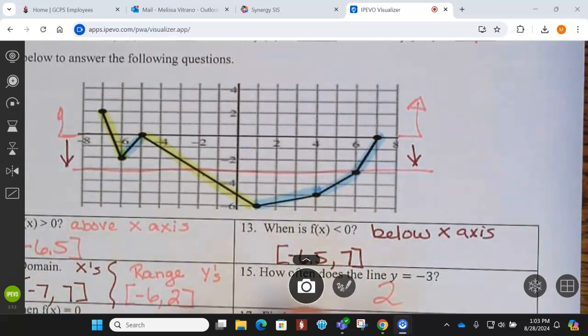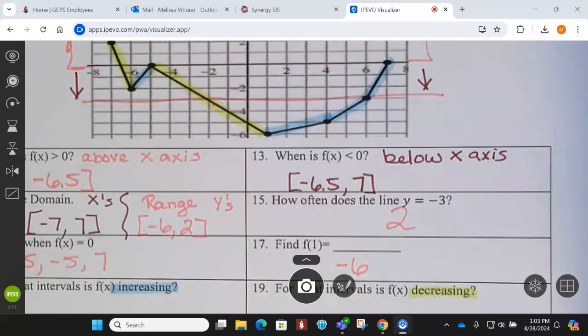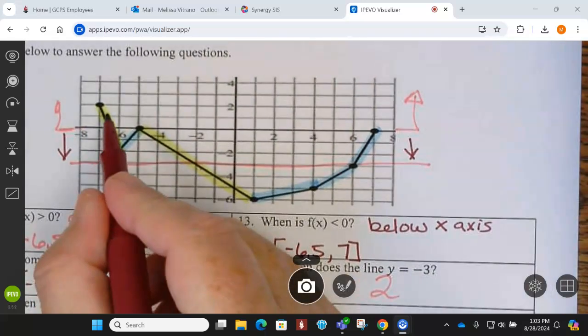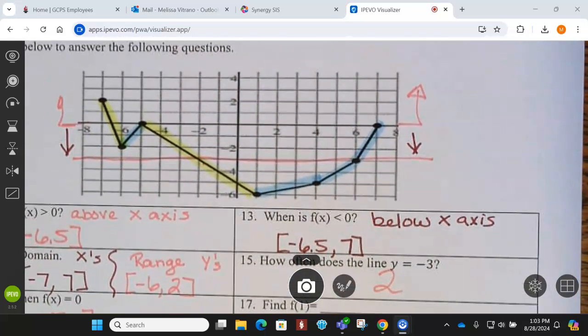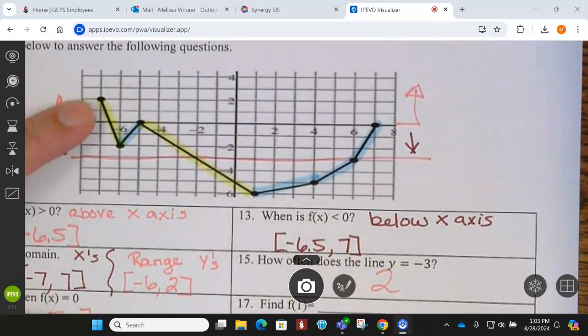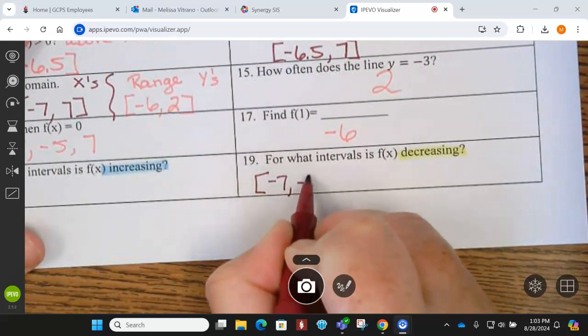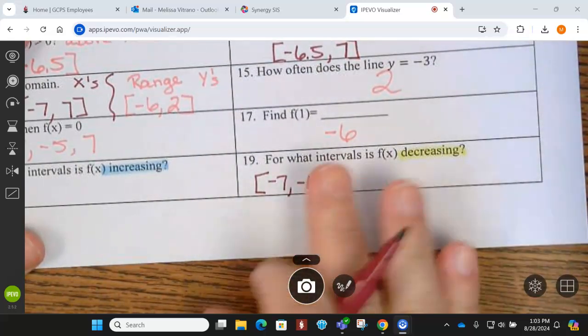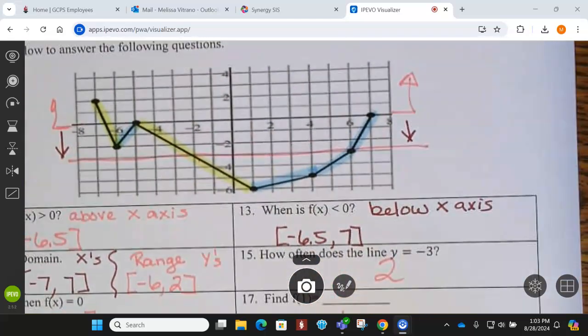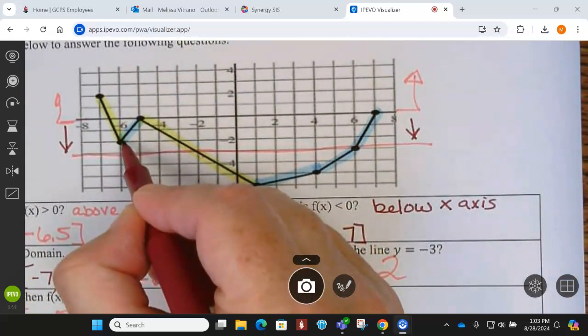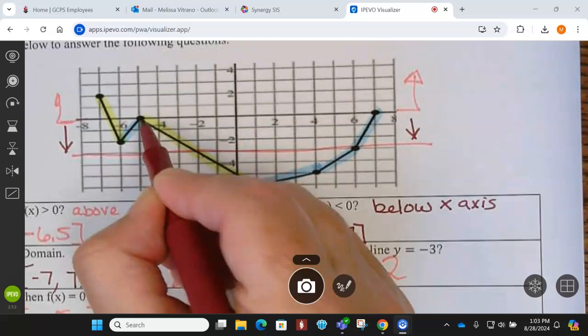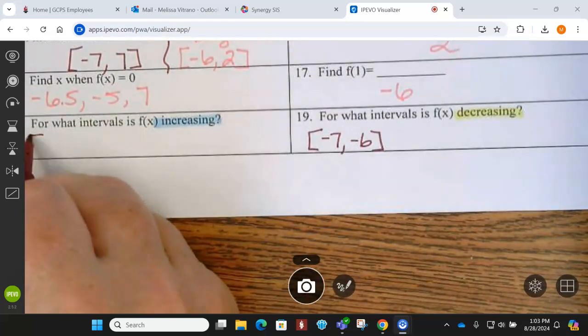Again, these are going to be my x values. So let's start off, let's just go with the color. Yellow was decreasing. So when did I start decreasing? It looks like from negative 7 to negative 6 is when I stop. Okay. Now I increase this little piece. So we start at negative 6 and we go all the way to negative 5.